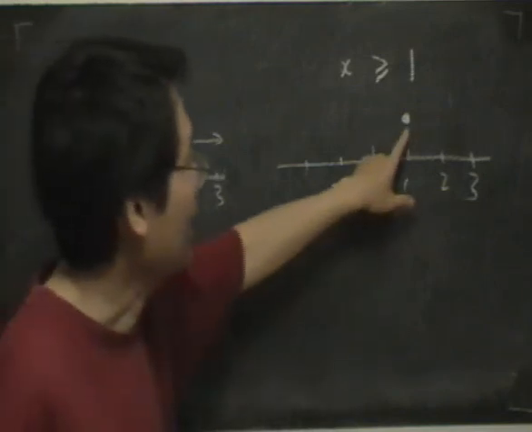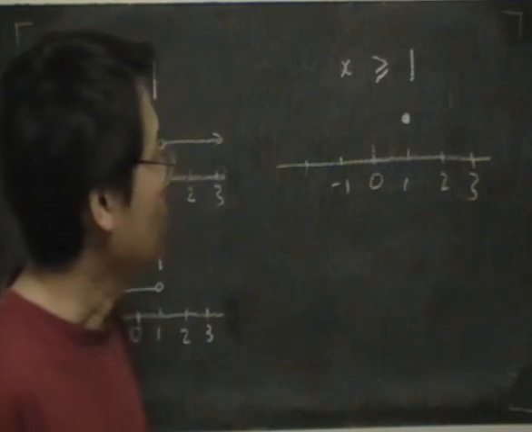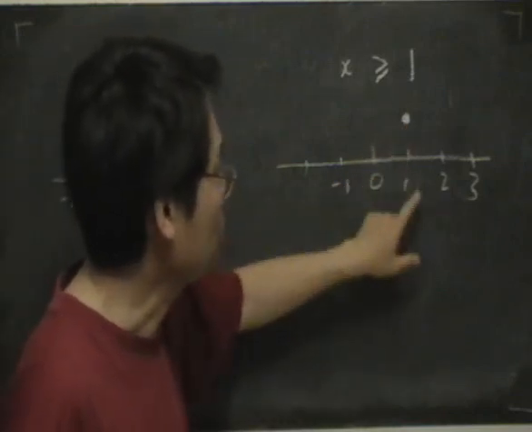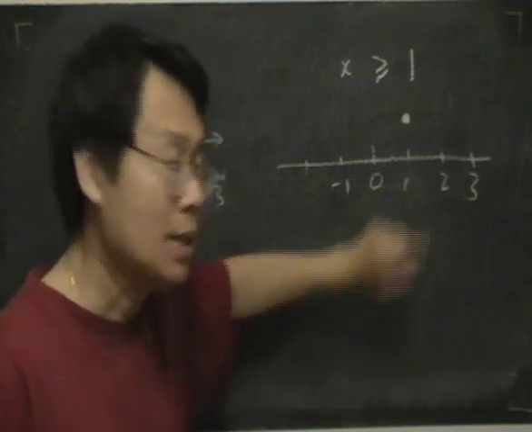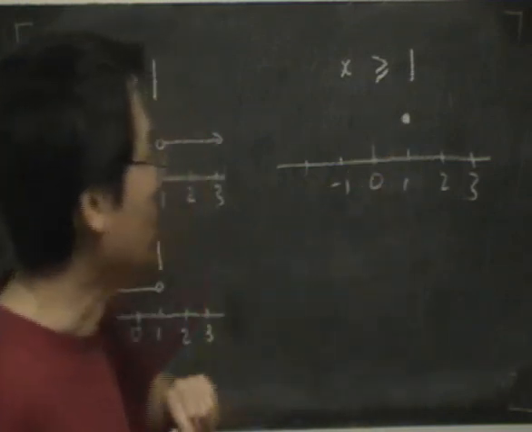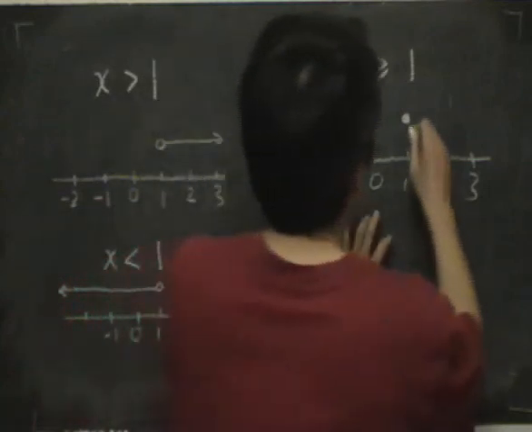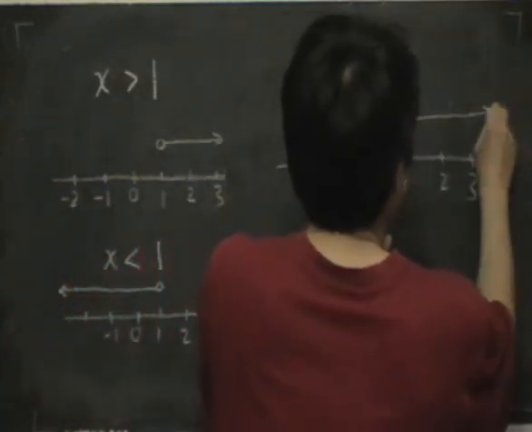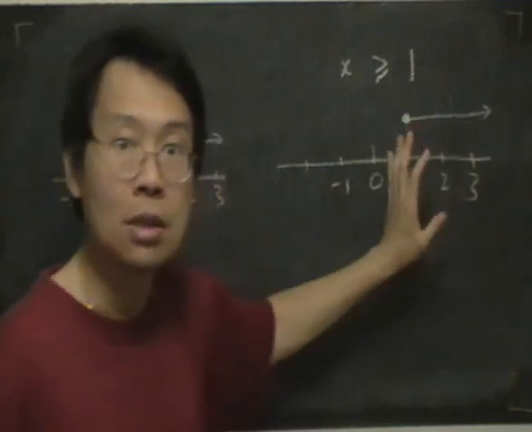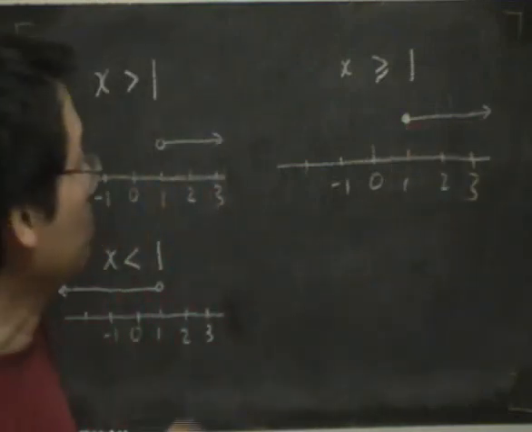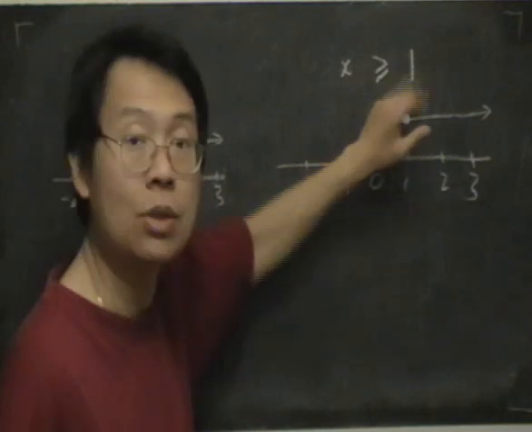Okay, so that point is supposed to represent the idea that x can also be 1. If I then draw a line over the numbers greater than 1, this is how we will represent x is greater than or equal to 1.